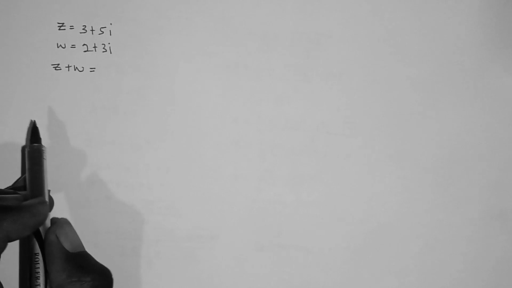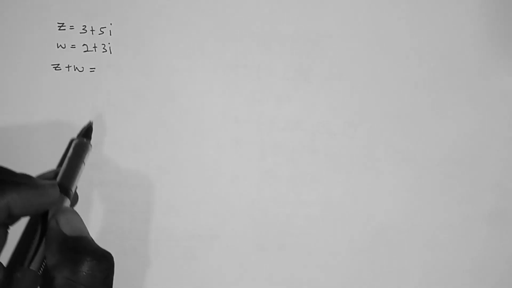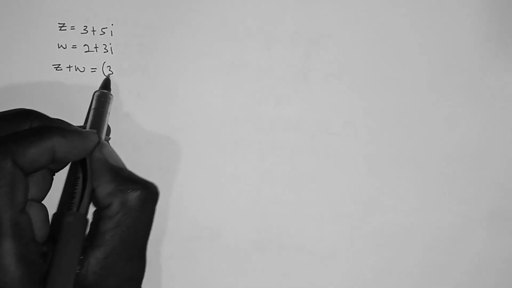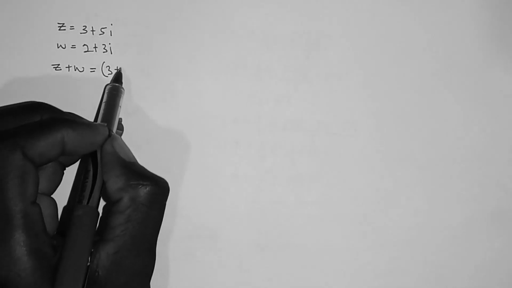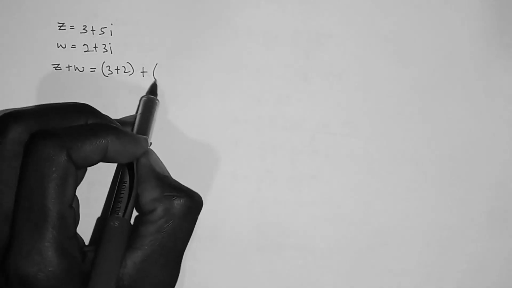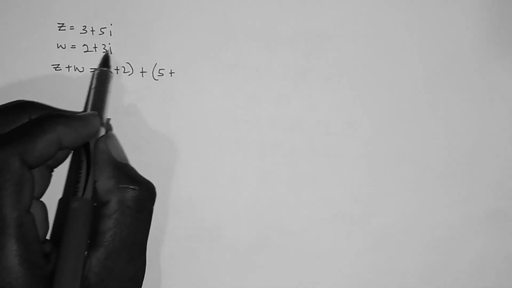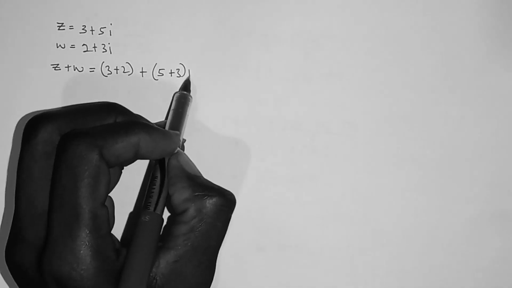So what you do is that you add the real parts and then you add the imaginary parts. So z plus w is equal to, the real part of z is 3 and the real part of w is 2, and plus the imaginary part of z is 5, then the imaginary part of w is 3i.